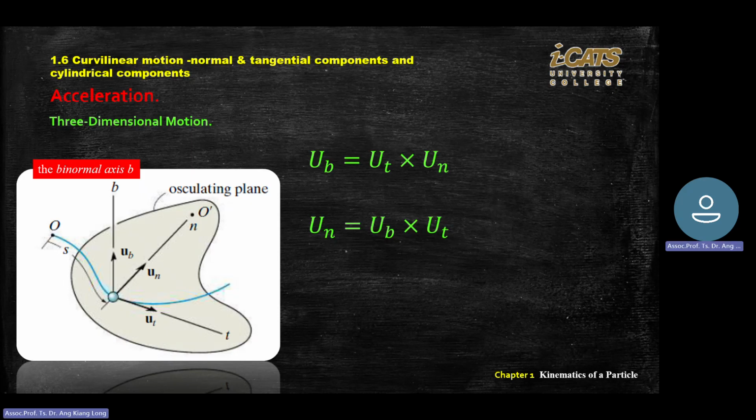Your thumb crossed to the N component gives you a positive value of your Z component, or B component. Like this, it's like you're firing something, right? Your T cross N, you get positive B.